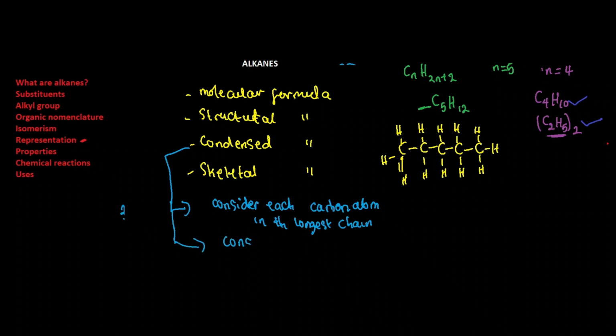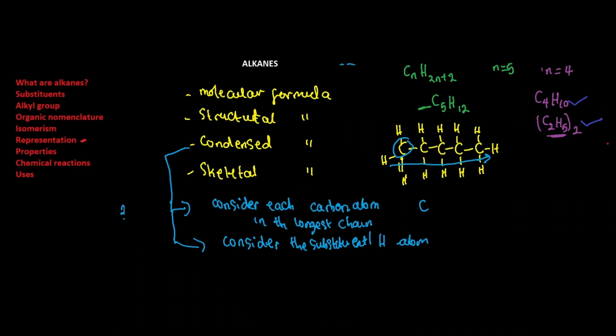Then consider the substituents or the hydrogen atoms attached to it. So from the structural formula, we have the condensed formula. Now in this case, our longest chain is this. So we have to consider each carbon atom in the longest chain.